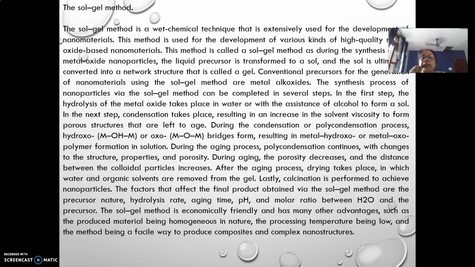Now, as I said earlier, when oxygen takes up 2 electrons it leads to the formation of O2 negative, and these oxide ions, when close packed, will give rise to some interstitial spaces.